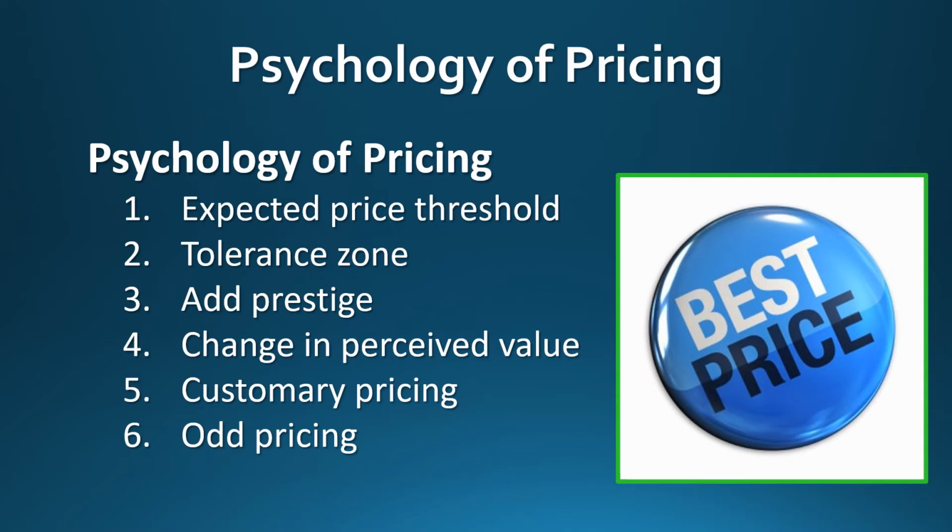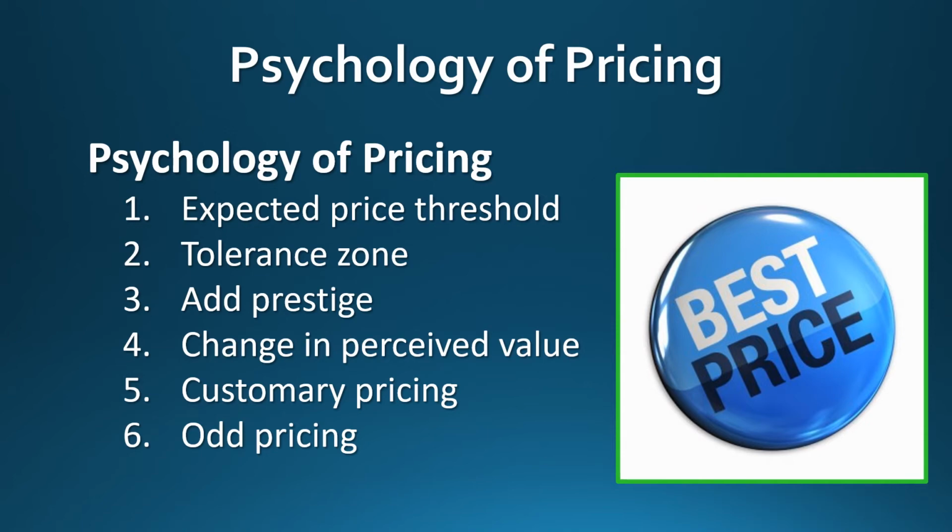Then you can look at the psychology of pricing when it adds prestige. I'm willing to pay $8 for a value meal versus somebody who's only willing to pay $5. Maybe there's some prestige and personal reputation that goes along with that. And we can look at perceived value. A lot of times people estimate that the higher the price, the more value there is, and the lower the price, the less valuable something is.